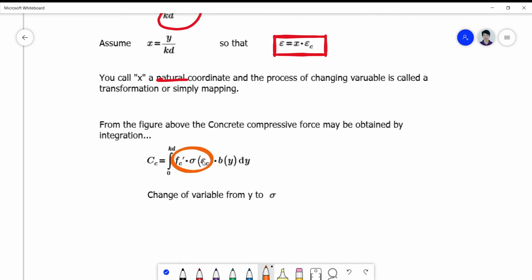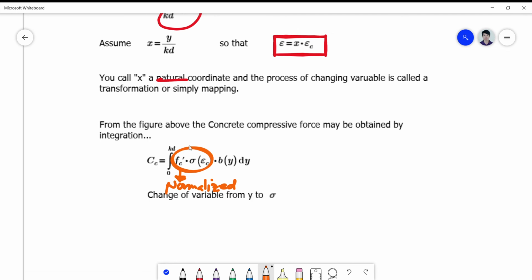I just put outside the fc prime term to make use of a normalized value. Okay, kailangan meron akong variable to consider, no? So that is the ultimate compressive strength of the cylinder, fc prime, is now multiplied by the function of the stress in terms of strain.